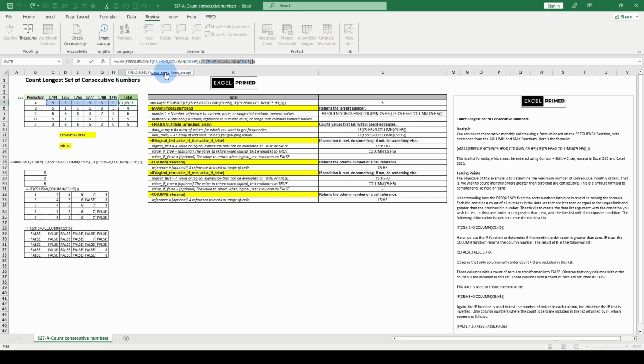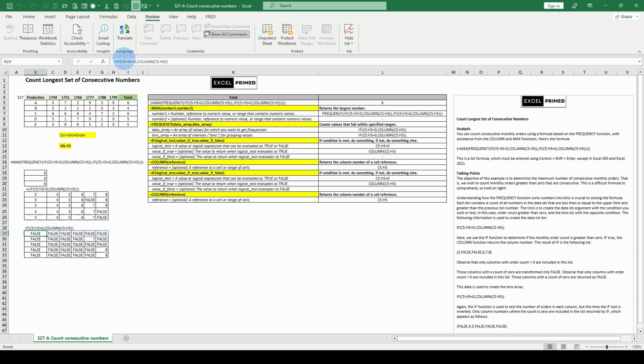Then, if you look at this data array, it says if C5 is greater than 0, column C5:H5. Here's the bins array right here. Notice if C5:H5 is equal to 0, column C5:H5.